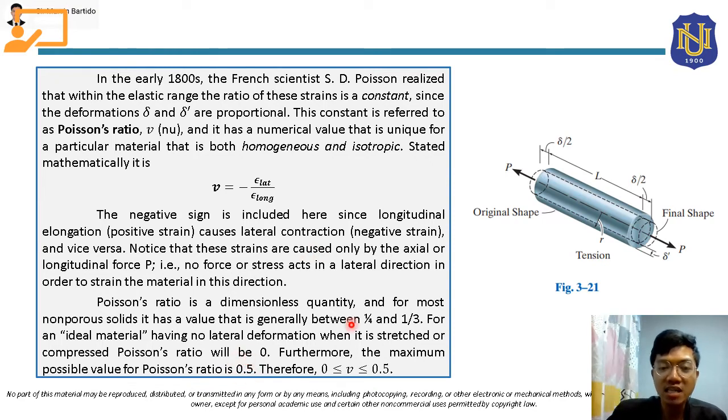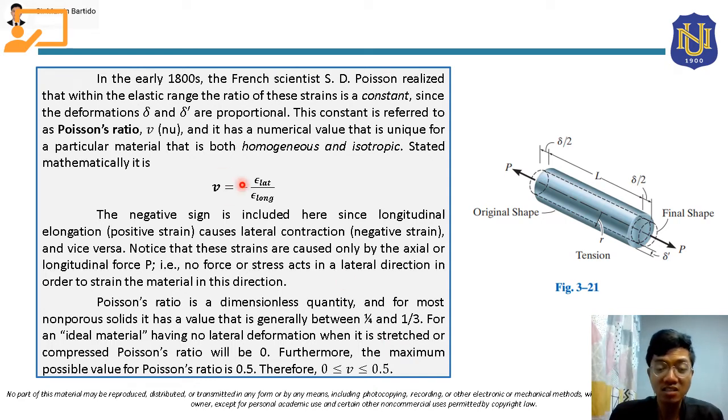And here, class, if you are computing Poisson's ratio, let's say in a formula, the sign that we are going to use is absolute value.